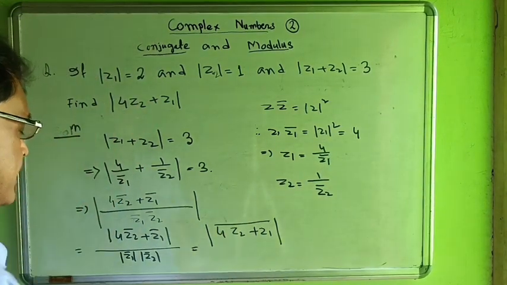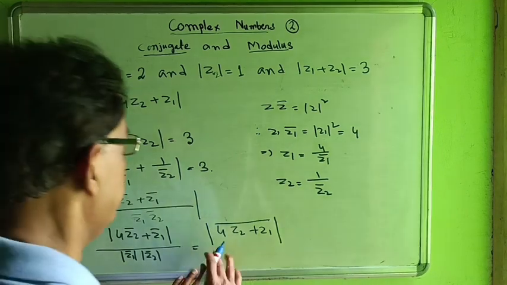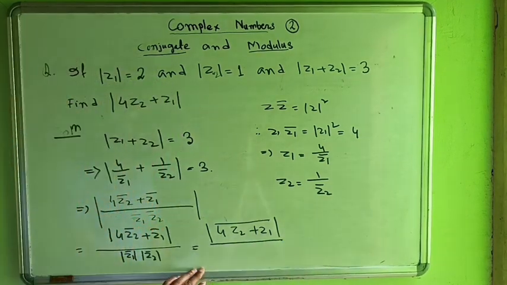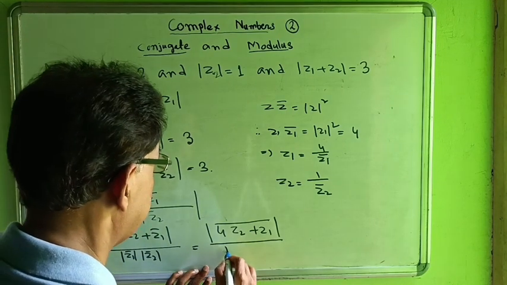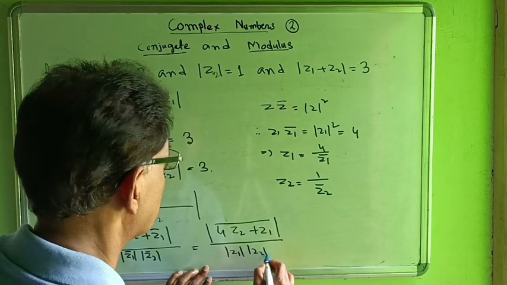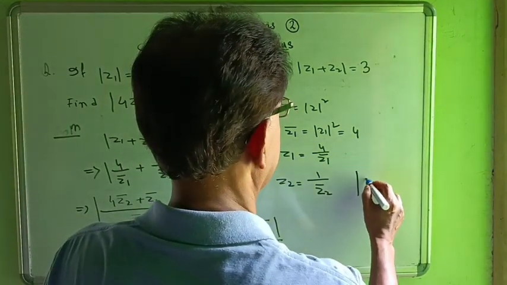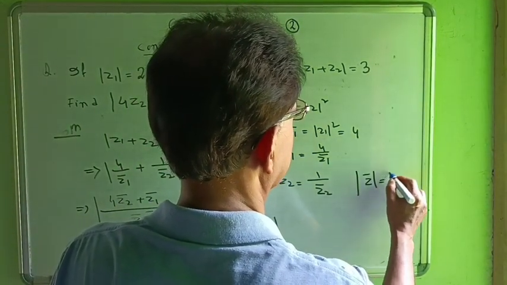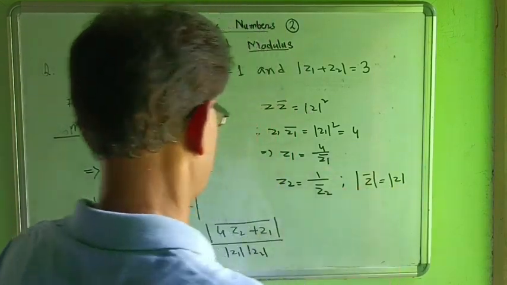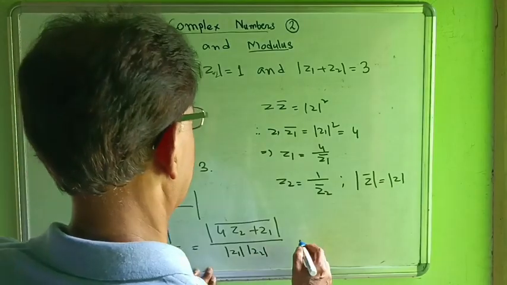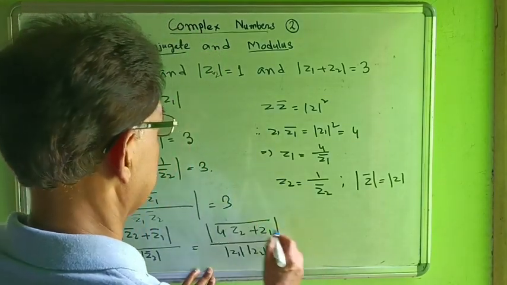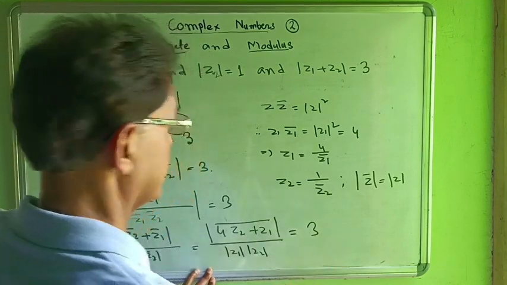Here also we can write this is equal to mod Z1 into mod Z2, since we know that mod of Z bar is equal to mod of Z. This is another condition. This is equal to, given, 3. This is equal to 3.